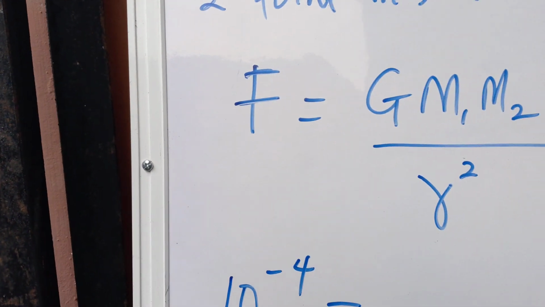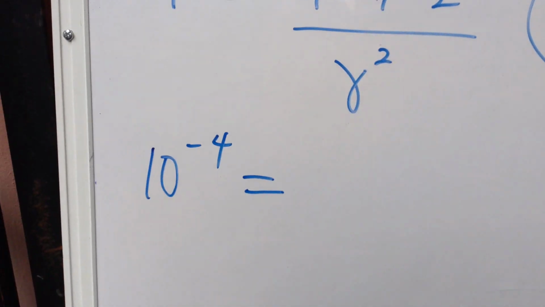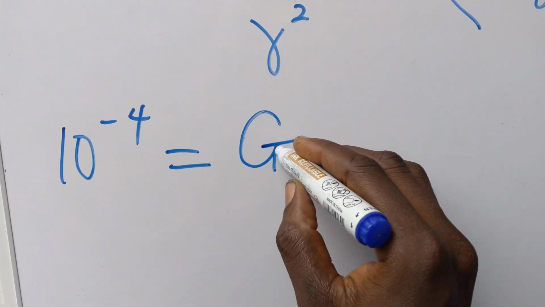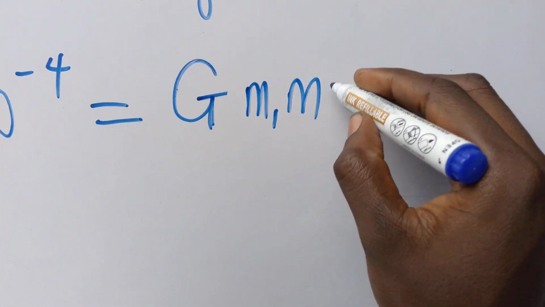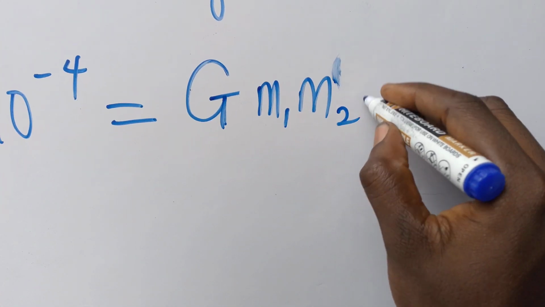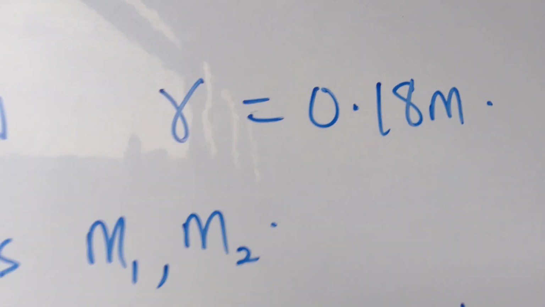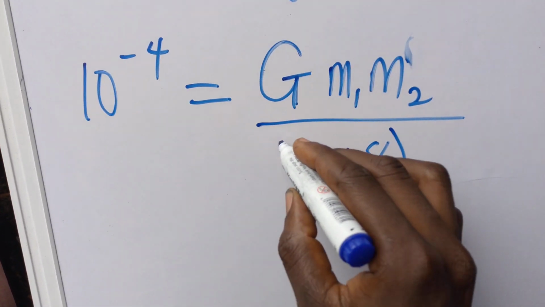is equals to G. The gravitational constant is 6.67, though we know that, so let's just leave it as G. We are going to make G the subject of formula times M1 M2, all right, divided by R is given to us as 0.18, all raised to power of 2.